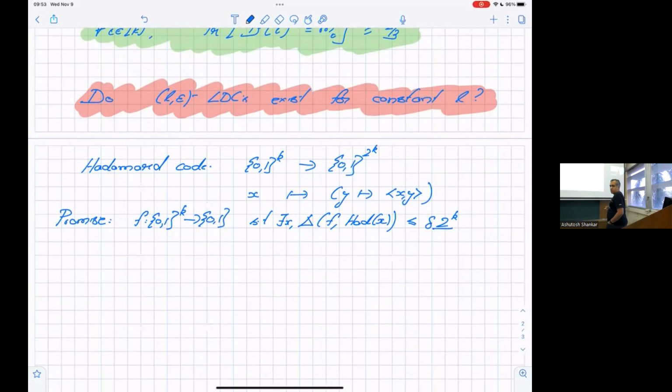It's a small fraction. How would you recover? I want to recover the ith bit of the message. What is one way of doing it?